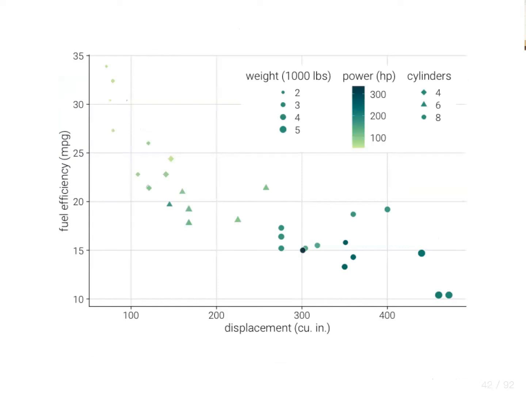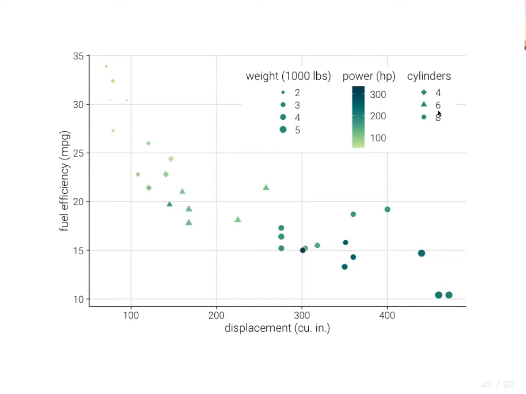So here's an example where we have position scales for the X and Y axis that are both continuous. And then we have this continuous one for weight where we have the circles that are scaling up. So bigger circles are more weight. And then power, so the circles themselves are colored according to their power.